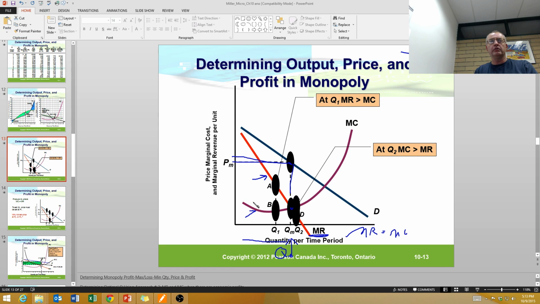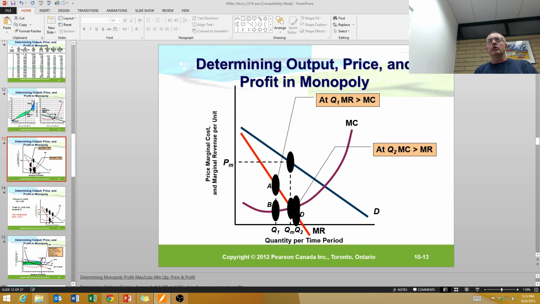And so we can increase our net income by increasing our output quantity, because marginal revenues exceed marginal costs up until this point here, QM. Likewise, if we're operating in this region, marginal costs exceed marginal revenue, and we can increase our net income by reducing our losses on those additional units by shrinking our output.